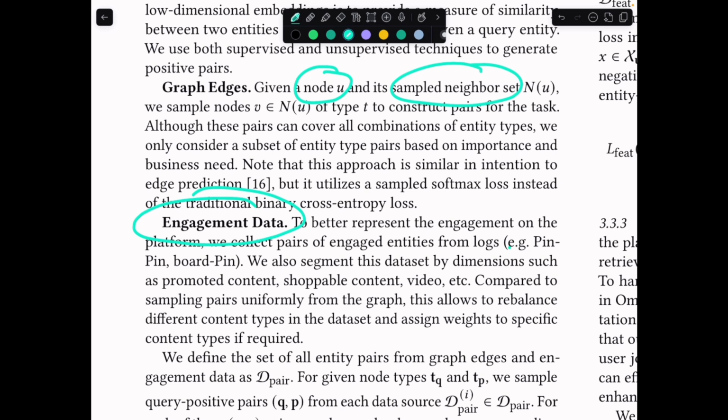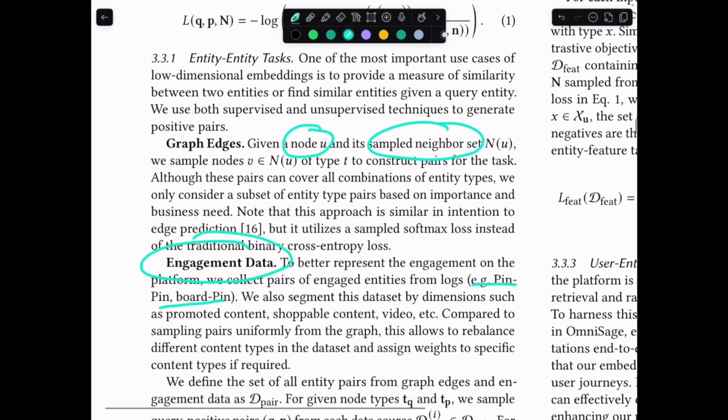If there are engaged pairs of pins and boards, or pins and pins, their embeddings should be close, and those not engaged together should not. Essentially, we want the universal embedding to pull the nodes closer to its graph neighbors and also closer to the co-engaged entities.